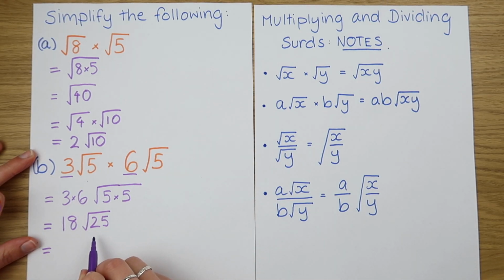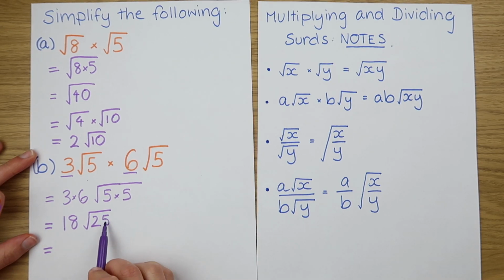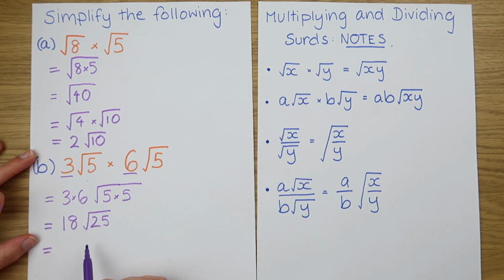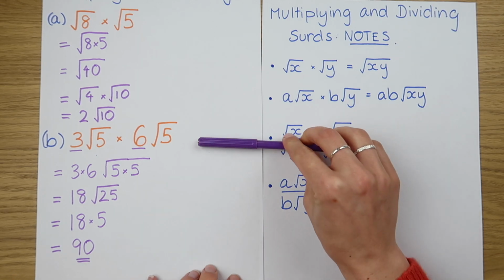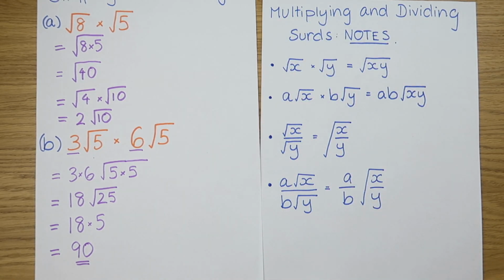And as you'll recall from when we're simplifying surds, this will simplify to 5 because the square root of 25 is 5. 18 times 5, and then I'm going to write my final answer, which will be 90, because 18 times 5 is 90. So that was two examples where we were multiplying.